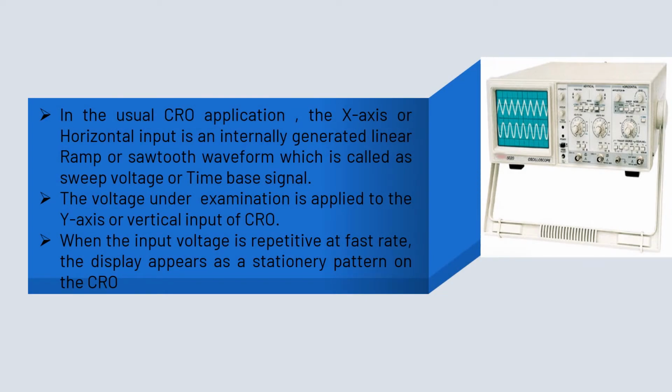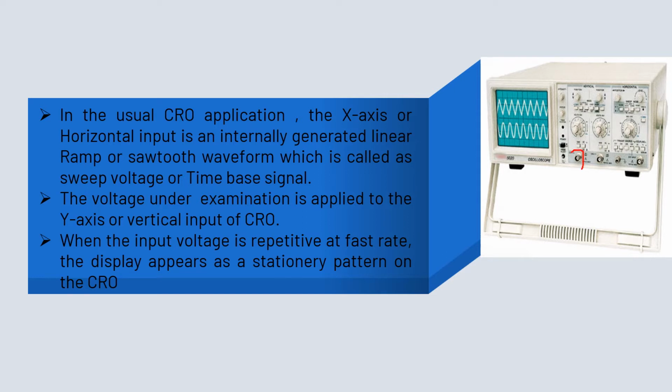In the usual CRO application, the x-axis or horizontal input is an internally generated linear ramp or sawtooth waveform, which is called the sweep voltage or time-base signal. This time-base signal is applied as one input to the horizontal input or x-axis. The voltage under examination is applied to the y-axis or vertical input of the CRO.